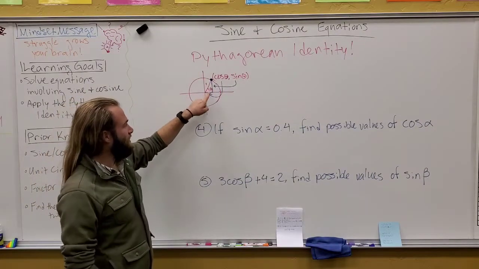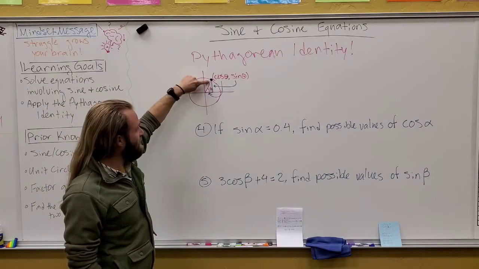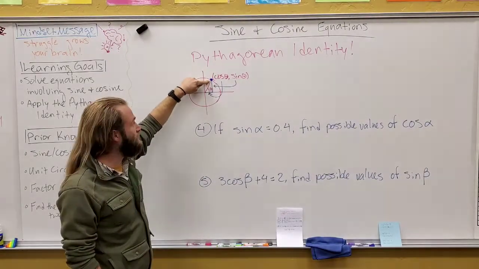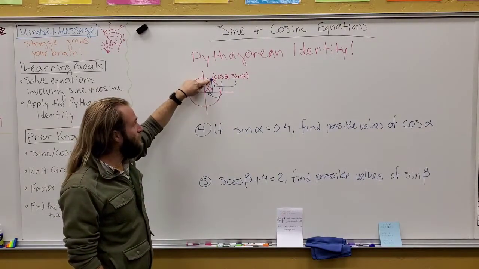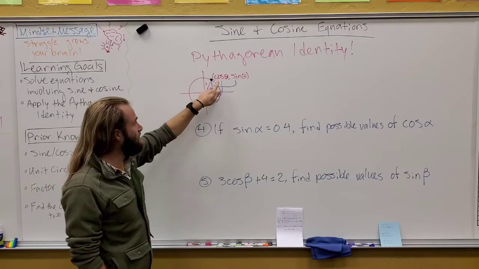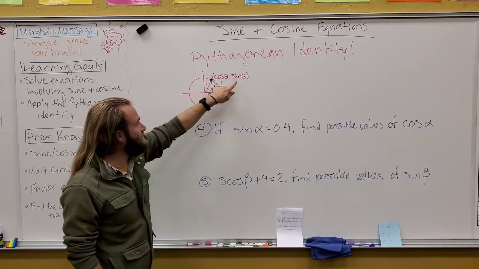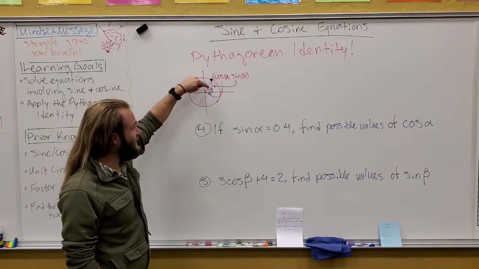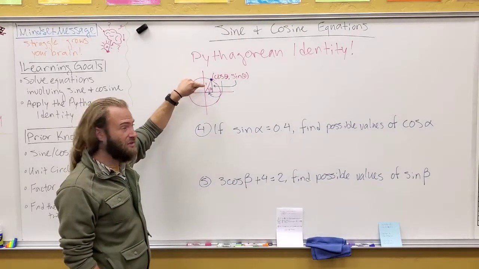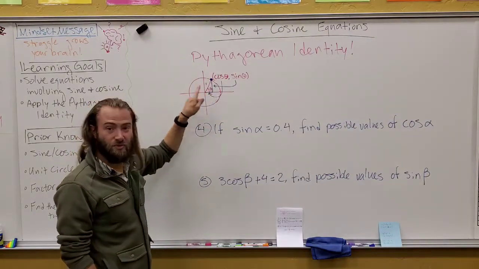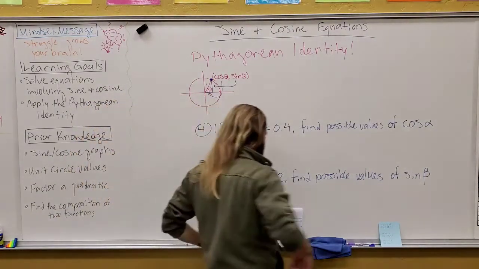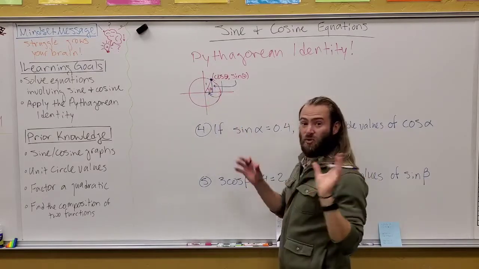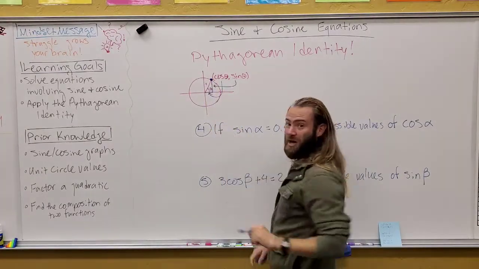So I want you to think about here, if we just have some angle theta, then here's the terminal point, right? Here's the point that it intersects on the unit circle. And of course the coordinates of this point, its overness is cosine and its height is sine, right? So it's x and y. The cool thing here is that since this forms a right triangle, then we all know there's a relationship between the three sides, that the two legs, when you square them and add them, equal the hypotenuse squared, right?